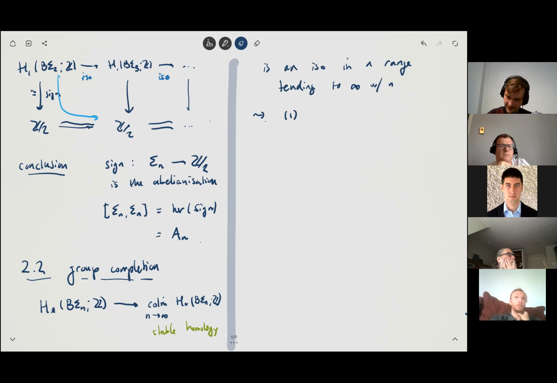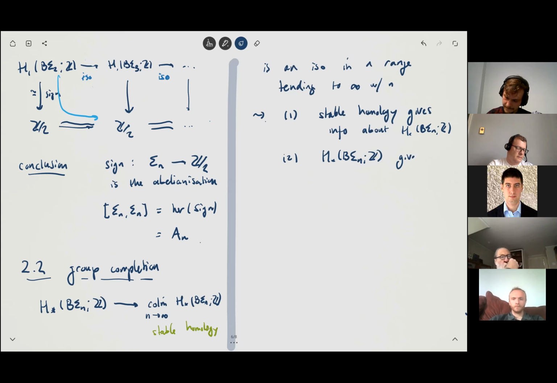One is that you can use the stable homology to get information about the homology of some symmetric group. Or you can use the homology of the symmetric group to get information about the stable homology. And this would not be a useful statement, or probably not a very useful statement, unless we had a different description of the stable homology. And luckily we do.